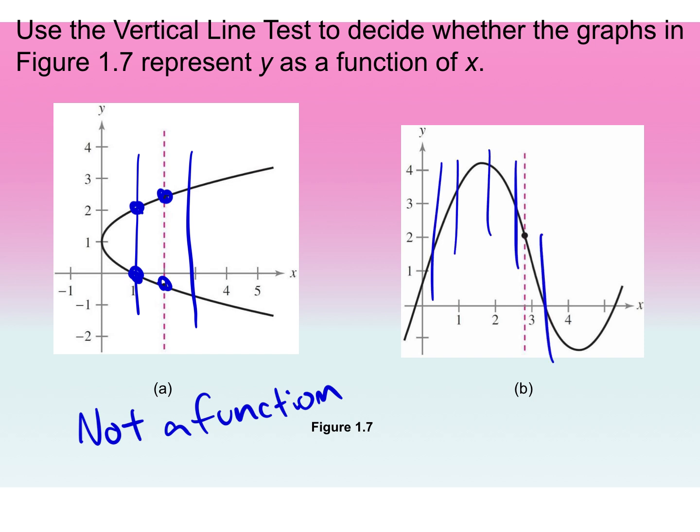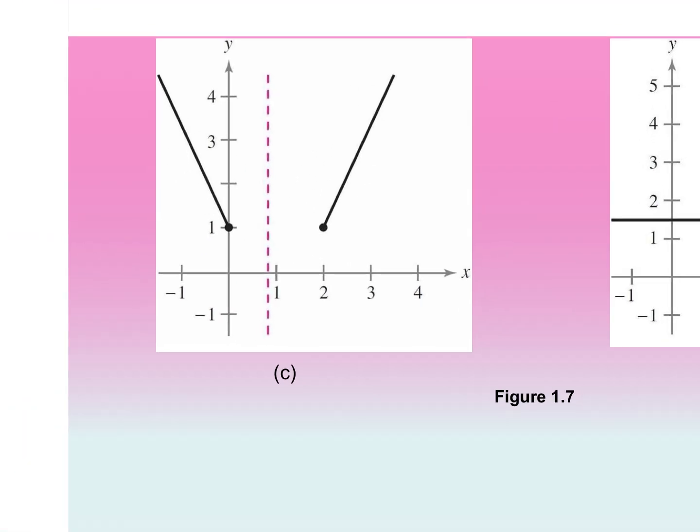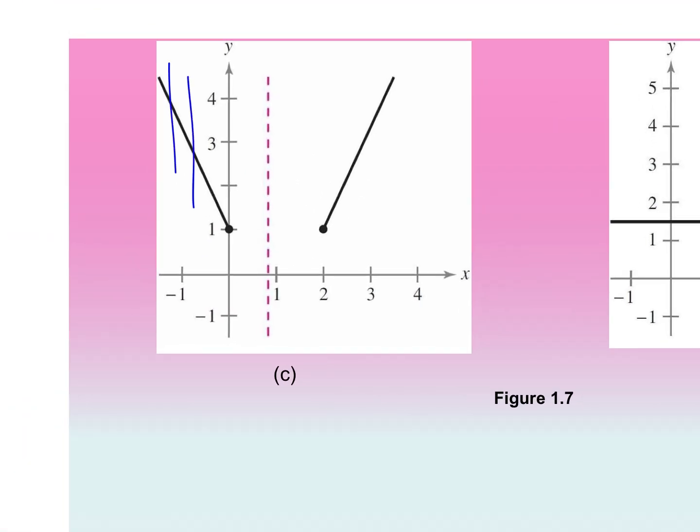Is there any point of our graph that touches a vertical line at 2 spots? Nope. So is this a function? Yes. All right, what do we think for C? Any point of our graph that touches at 2 points? Nope, so is this a function? Yes, it passes the vertical line test. It is a function.